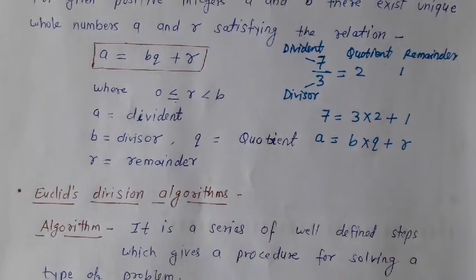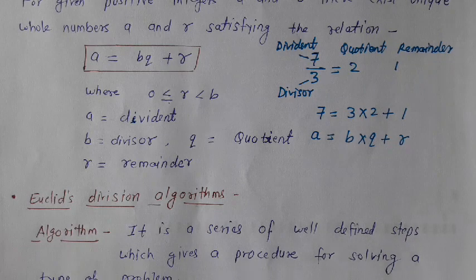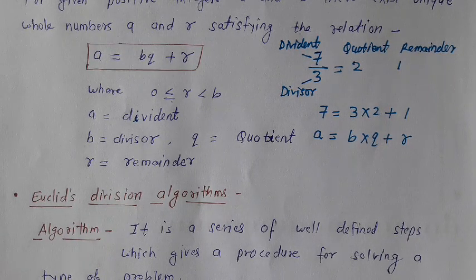Then it is obvious that the number of boxes you can take and the number of chocolates left out are also fixed.